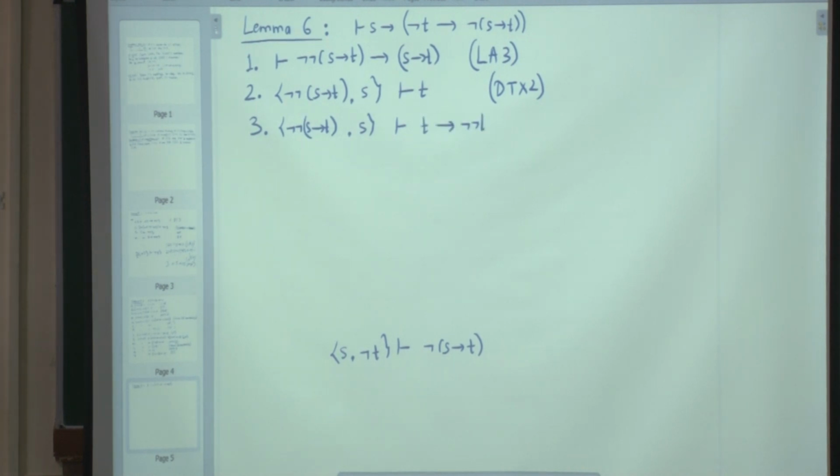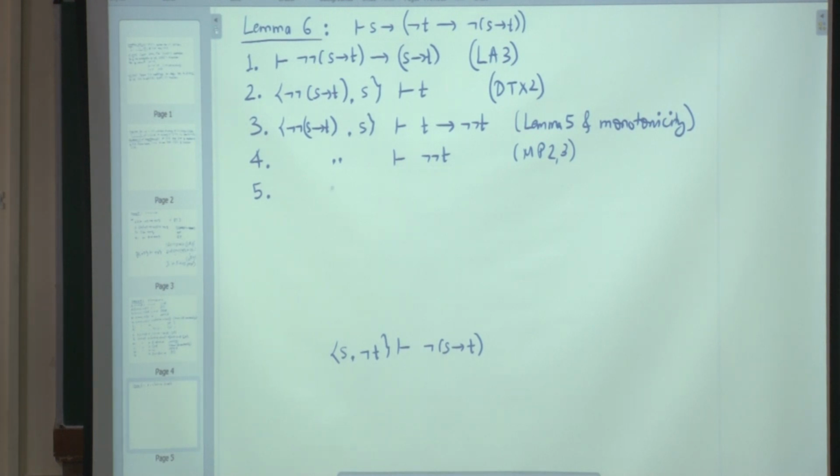T implies double negation T. So this is lemma 5 and monotonicity. Okay, fourth step. Now you know what it is. Double negation T, and that's MP on 2.